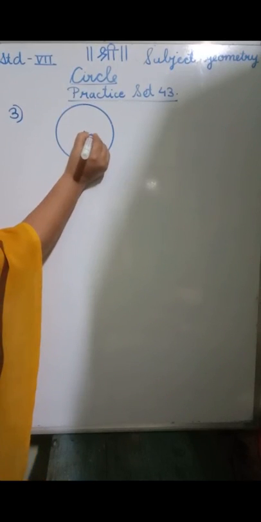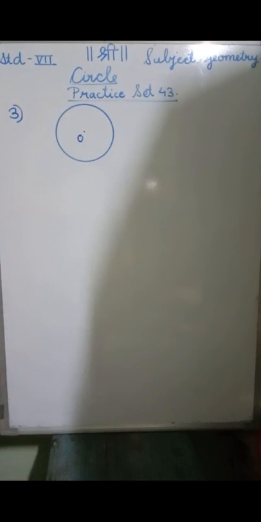Question 3. In a circle with center O, the measure of minor arc PQ is 110 degrees. What is the measure of major arc PYQ? So suppose this is a circle with center O, what they have told us in the question.